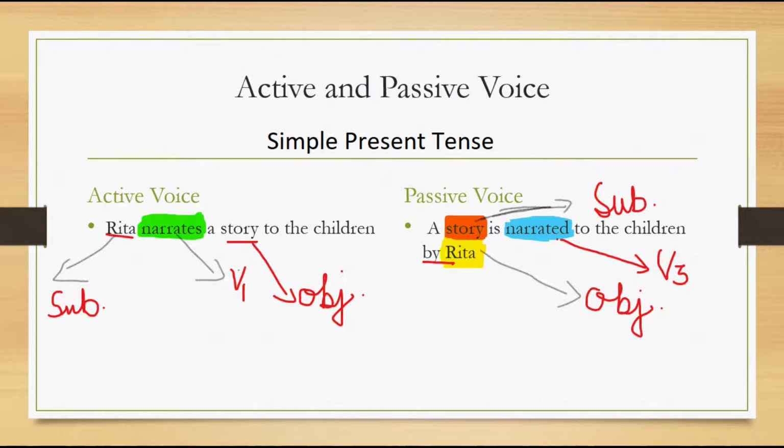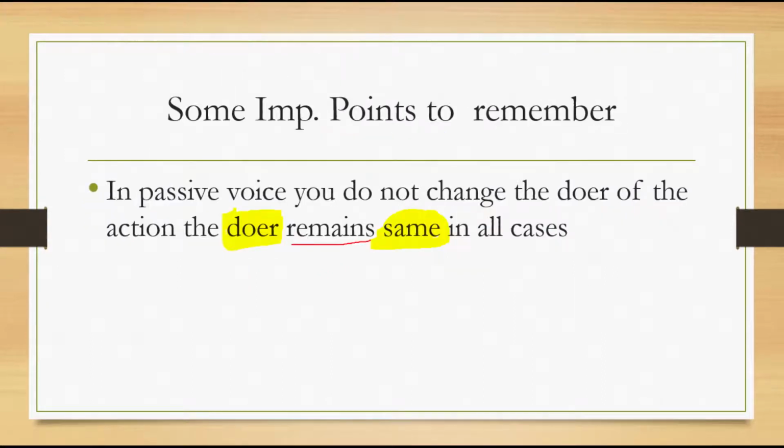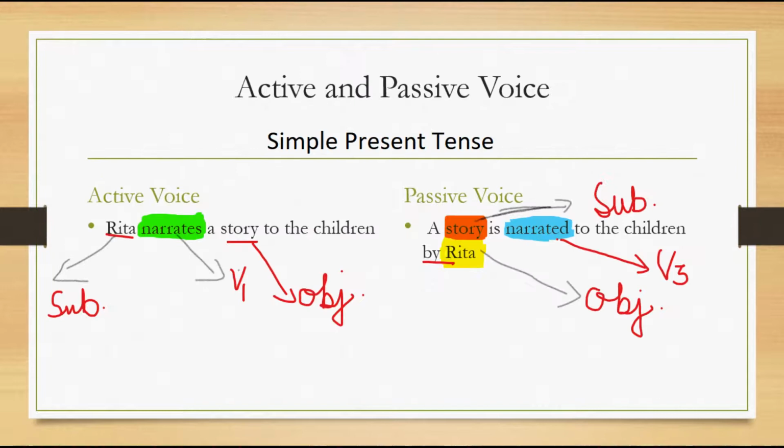Must remember, you do not change the doer of the action. So Rita is narrating. Rita still remains the narrator. Now, how do you still sustain her as a doer? Add the word by. How you can sustain her as a doer? By adding the word by. So subject becomes object and object becomes subject.